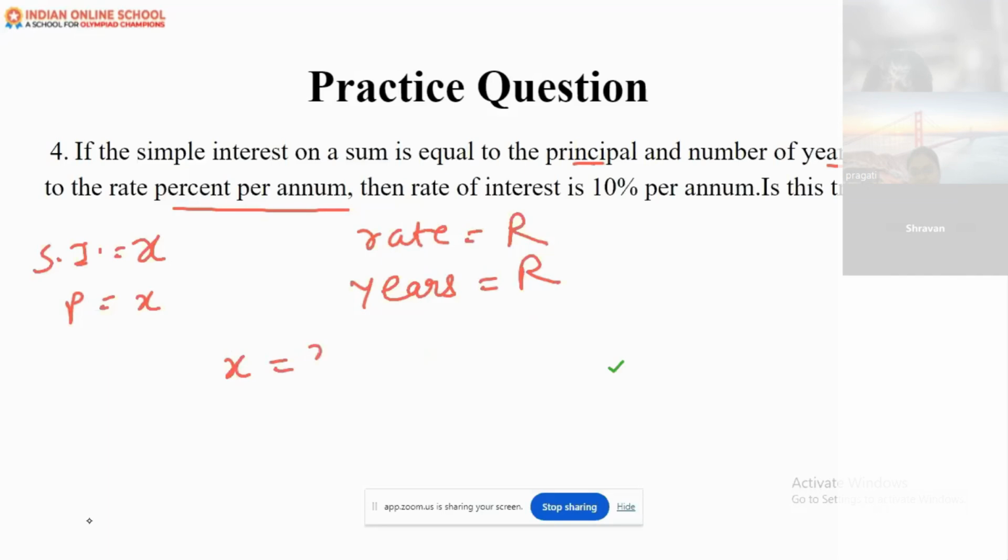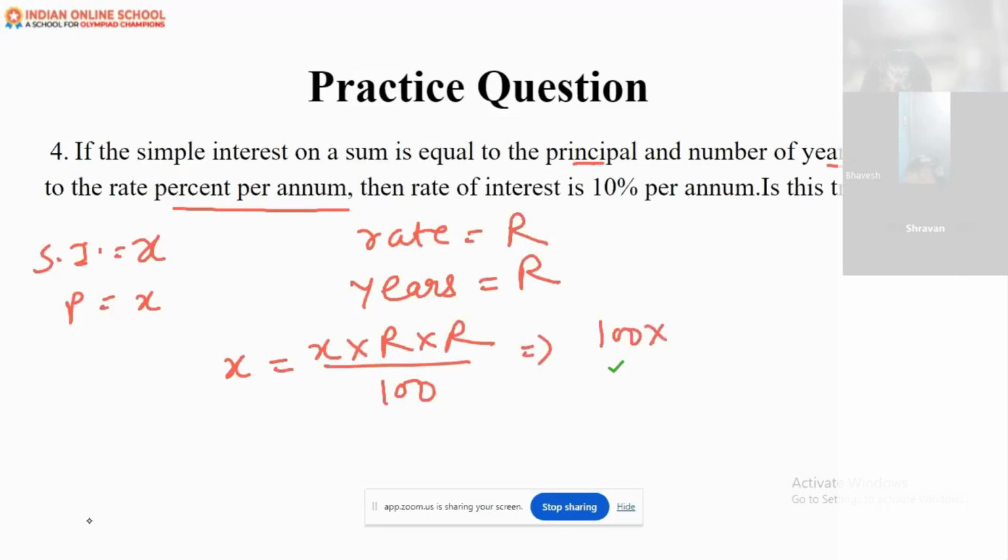Let's see who will do it first. I think I've got the answer.